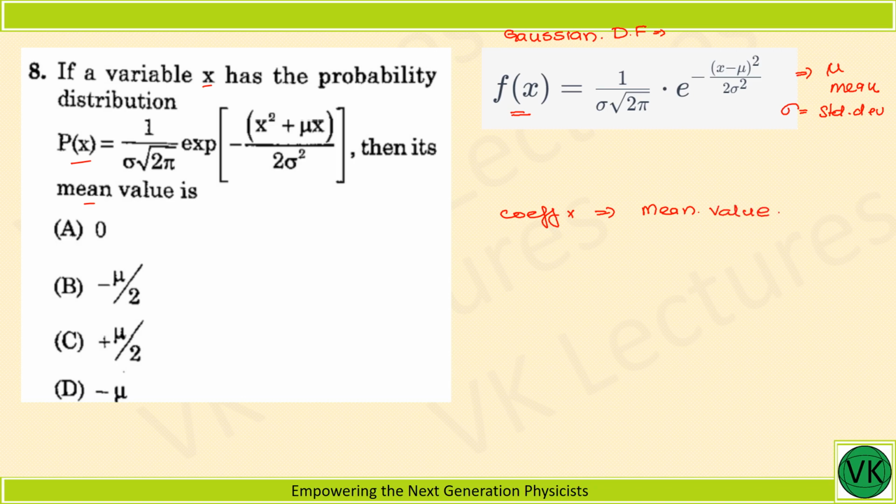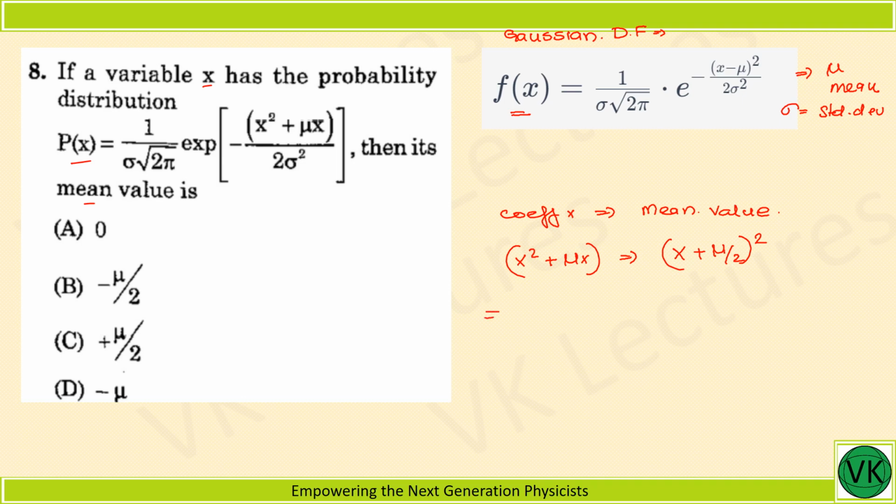Now here this x square plus mu x, we can write it as x plus mu by 2 whole squared. We will be left with some constant, but we will not worry about it.